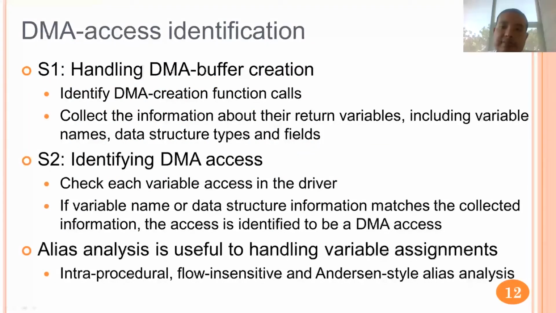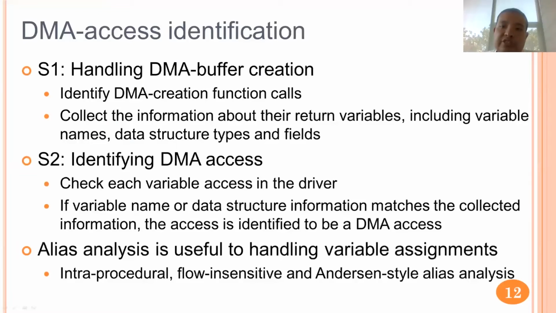There are 2 steps. In the first step, we handle DMA buffer creation. Specifically, we identify function calls about DMA creation and collect the information about their return variables, including variable names, data structure types, and fields. In the second step, we identify DMA access according to the collected information.